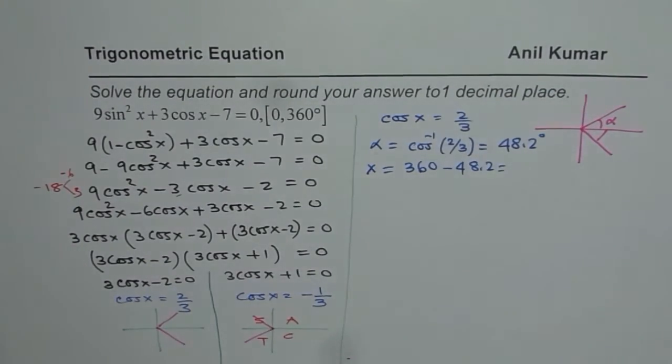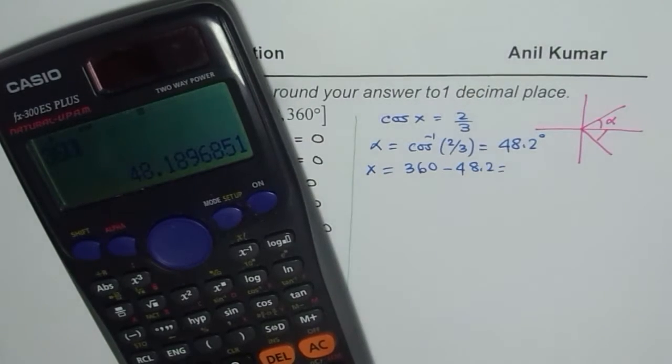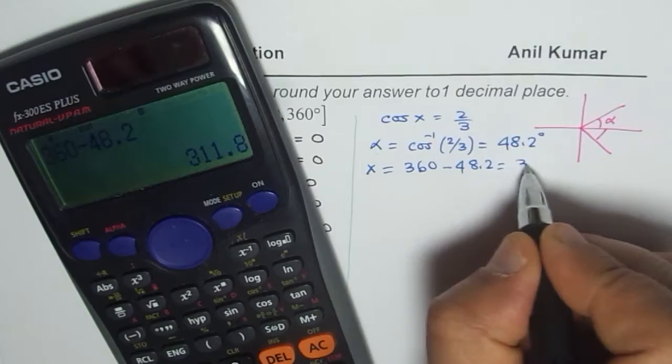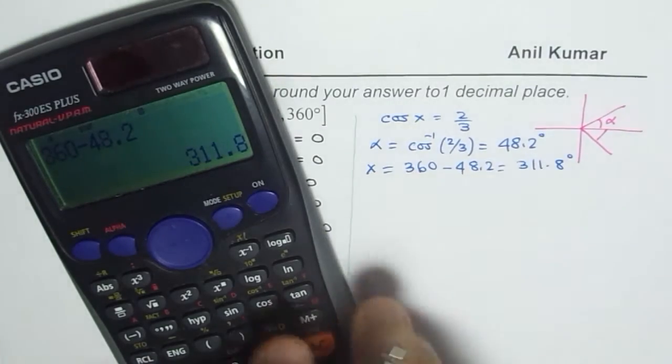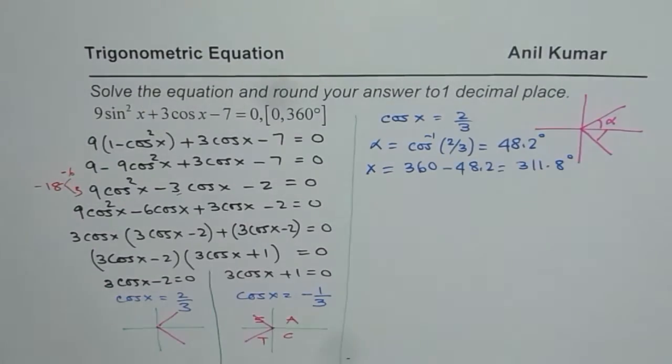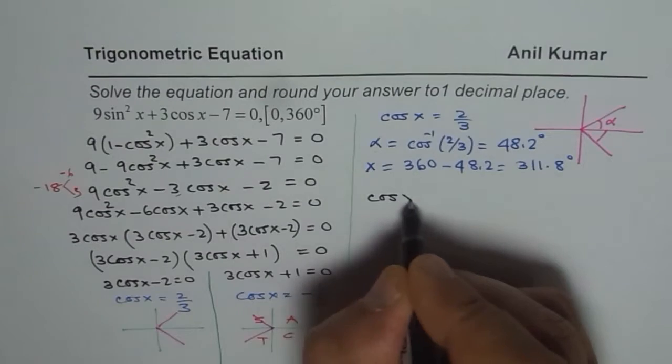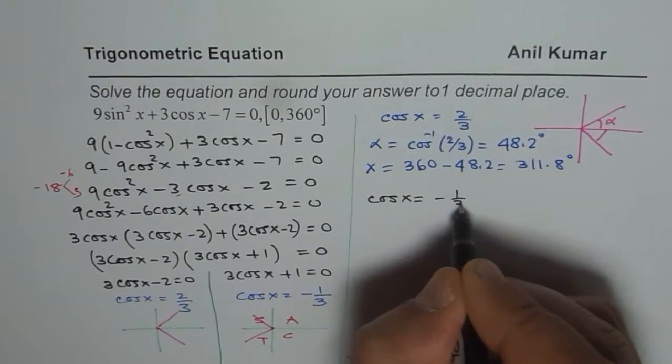So let's do that part. 360 minus 48.2 gives us 311.8 degrees. So these are the two angles which we got for cos x equals 2 over 3. Let's now calculate for cos x equals minus 1 over 3, right?